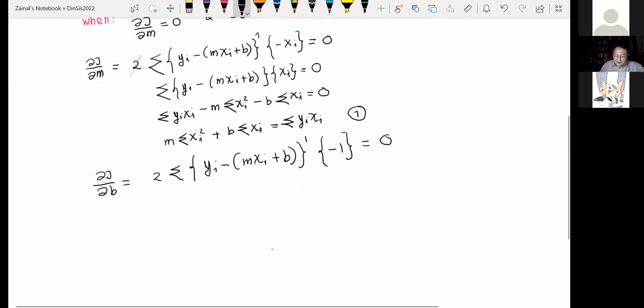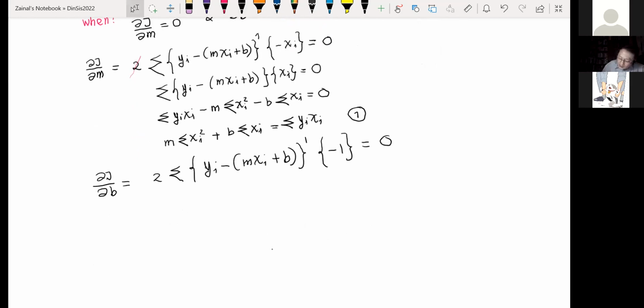Now forget about 2, forget about minus 1. So we have sigma yi minus m sigma xi minus sigma b is equal to 0.